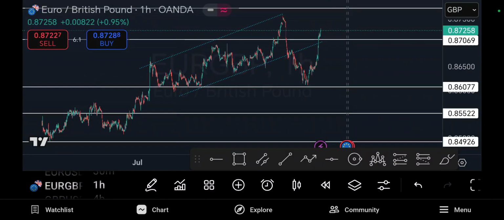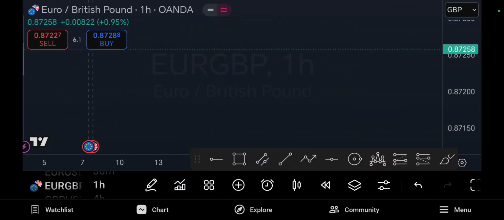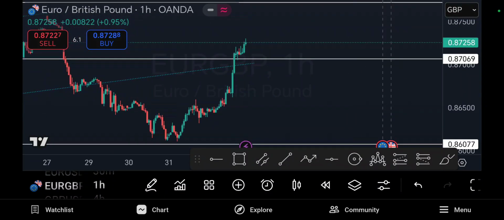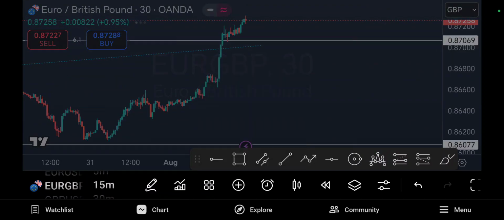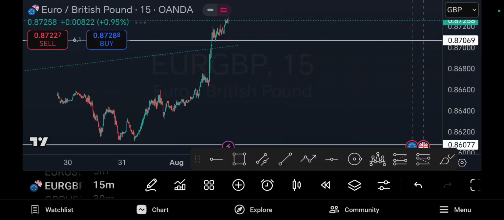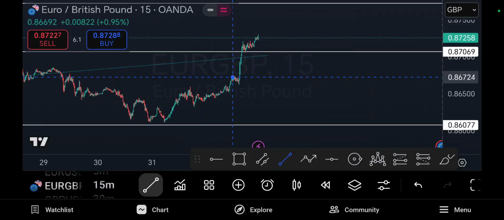See, this is the 1 hour, I mean. If you zoom in, it's pushing upside, pushing to the top. But now, you see what you should be careful of. You see why I was saying it's a retest.